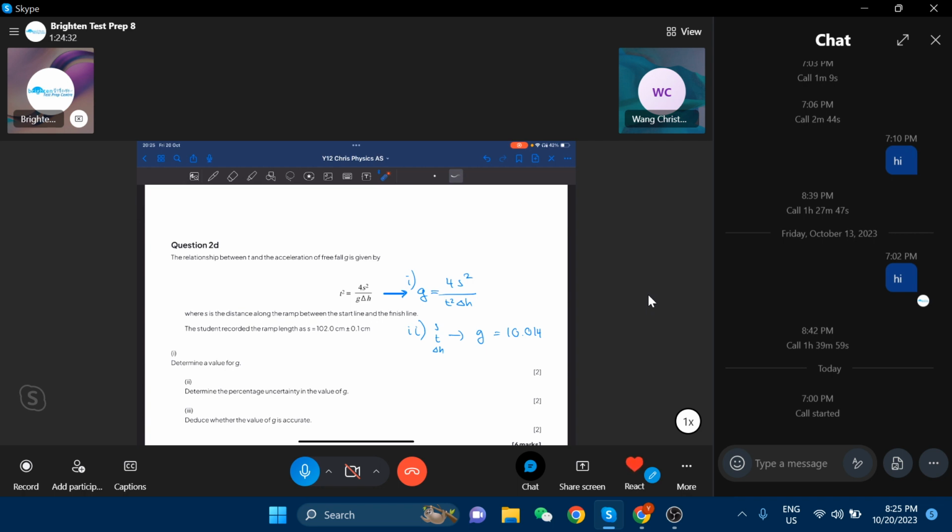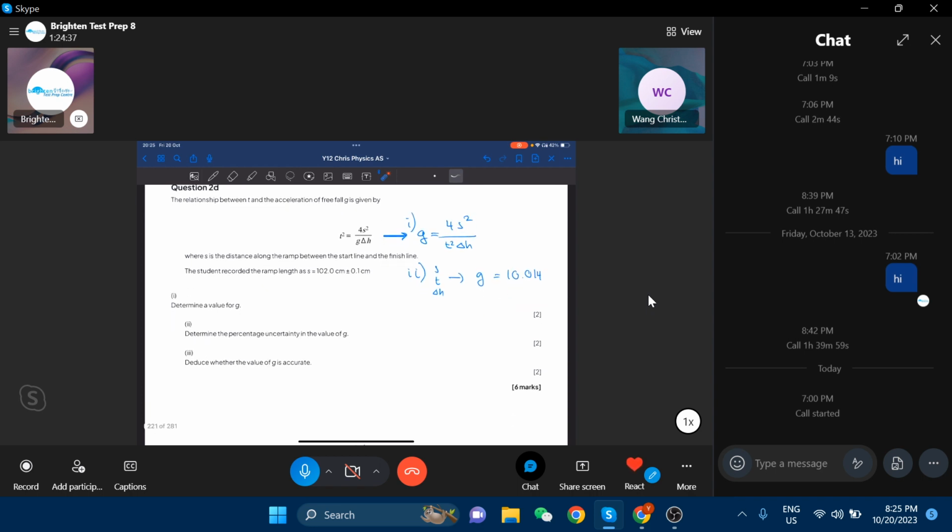We add the uncertainty. Okay, all right. Exactly, right? So now it becomes a bit, all right, so how do we calculate that? So the uncertainty, now we go into the percentage, right?